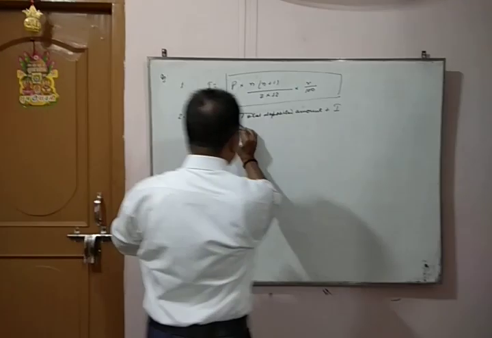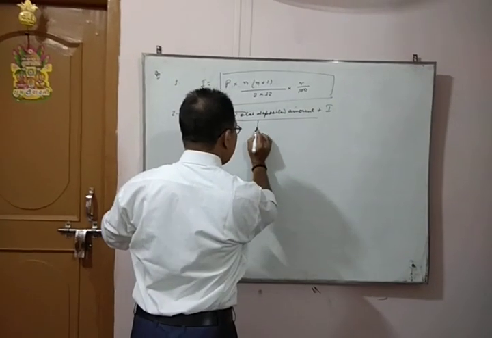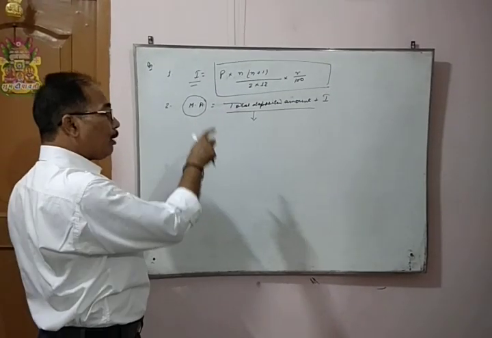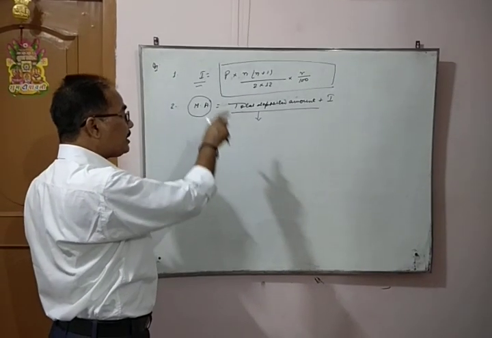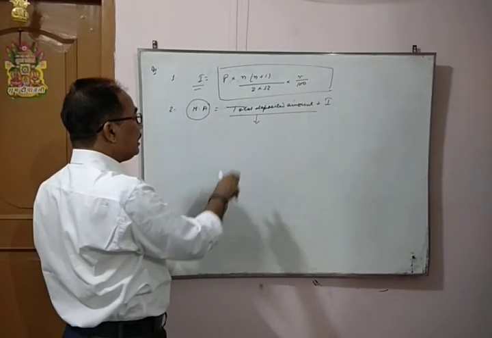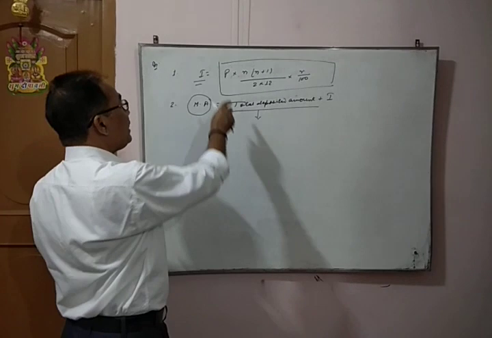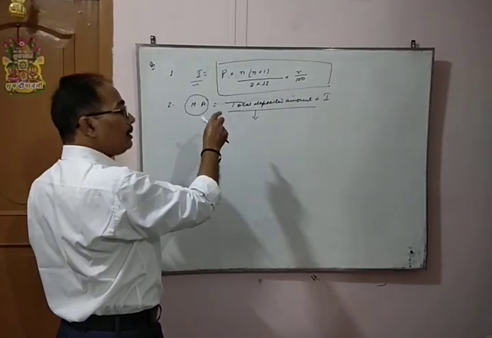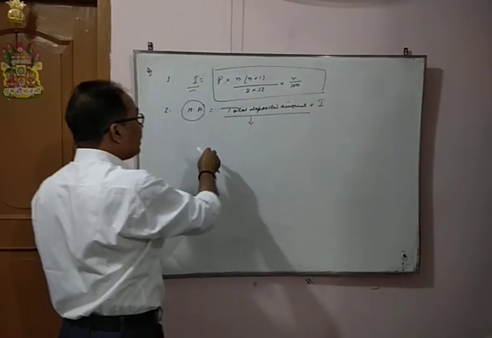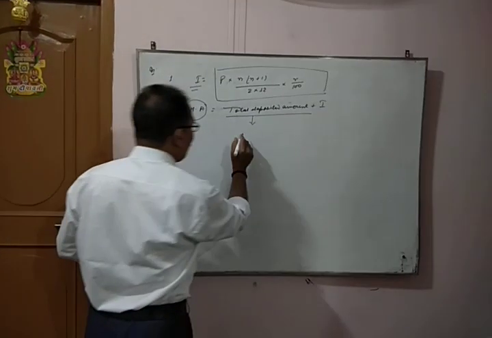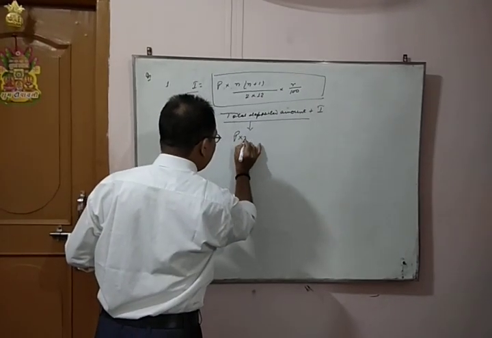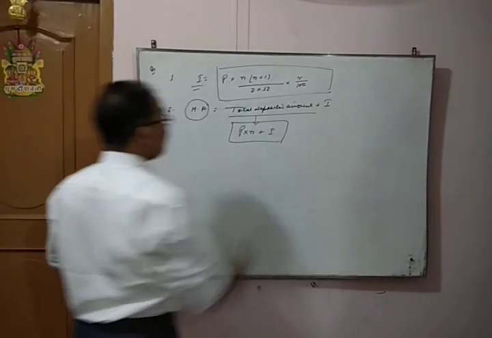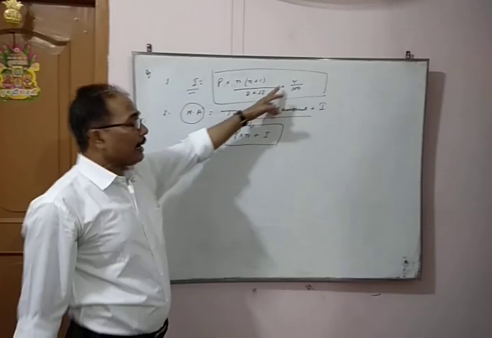Total deposited amount means monthly installment multiplied by the number of months for which the depositor has deposited the money. If the monthly installment is rupees P and number of months equals N, then total deposited amount will be P multiplied by N, plus interest, calculated using this formula.